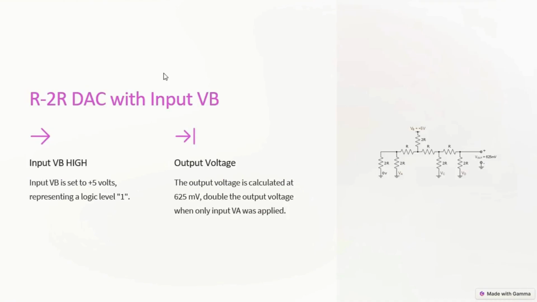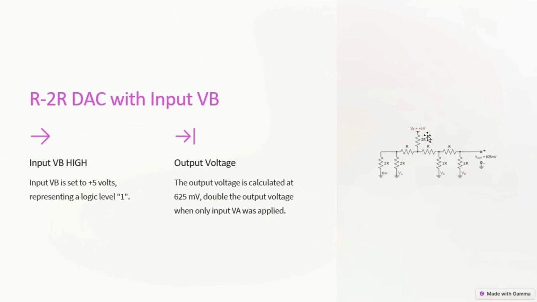And then when we connect the 5 volt power supply to VB, what do we have? With input VB high at logic level 1 and all the other inputs grounded at logic level 0, the output voltage Vout is calculated at 625 millivolts, which is 1/8 the value of the 5 volt input voltage.